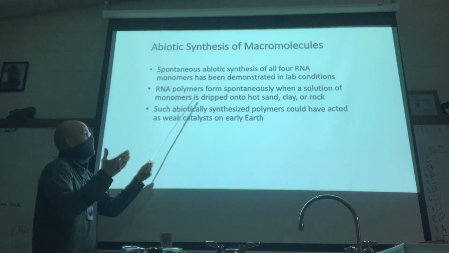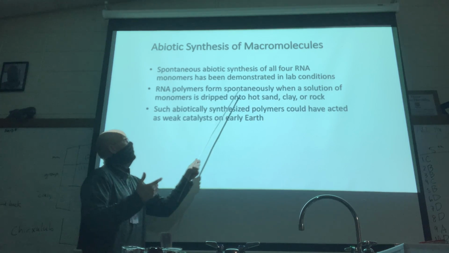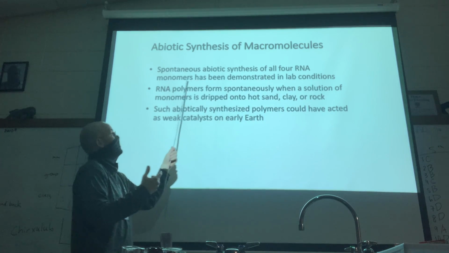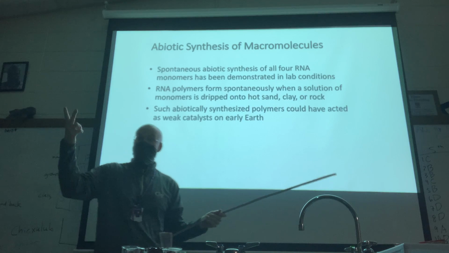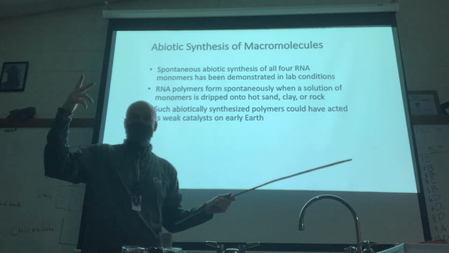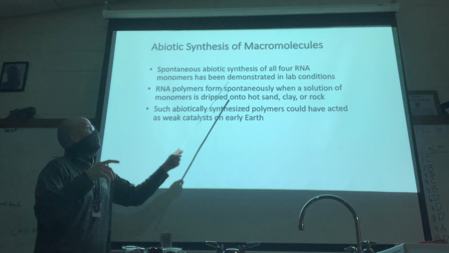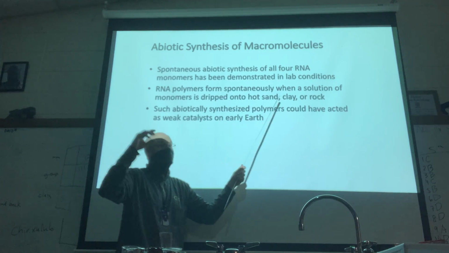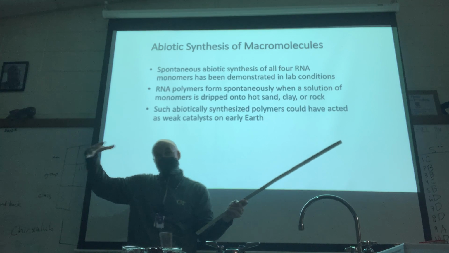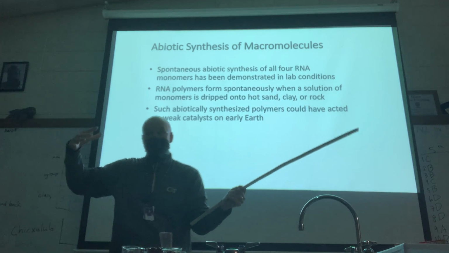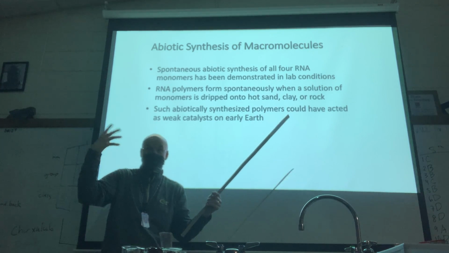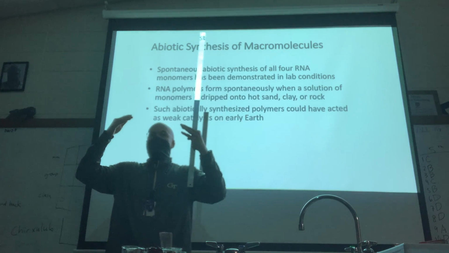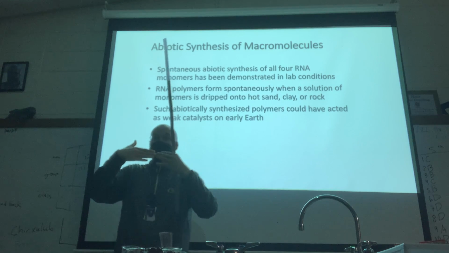So we have also seen in the lab where you could get, say, nucleotides. They talk about the RNA monomers. That's A, U, C, and G, adenine, uracil, cytosine, guanine. We can form these in the lab, and then when they are dripped onto some specific surface, not every surface works, but on some surfaces like clay and apparently sand and rock, you can begin seeing them polymerize.